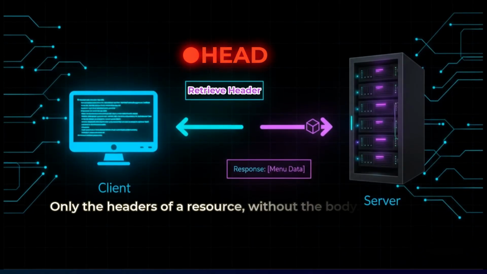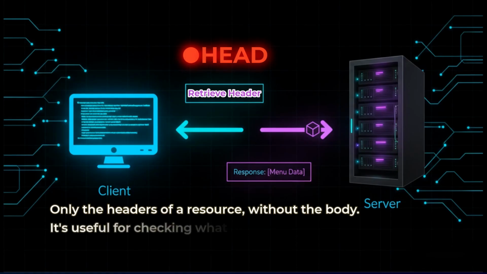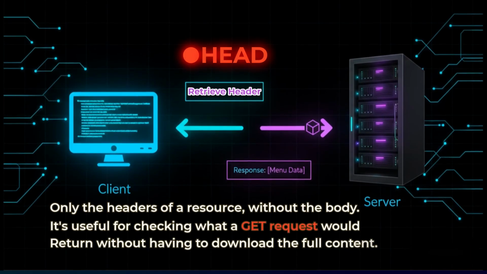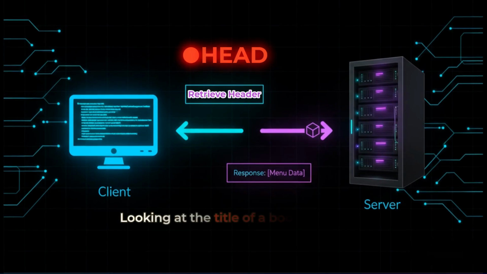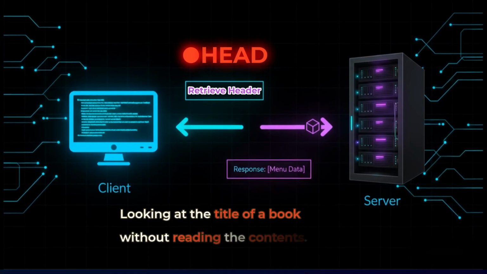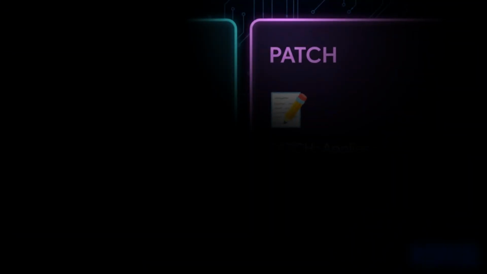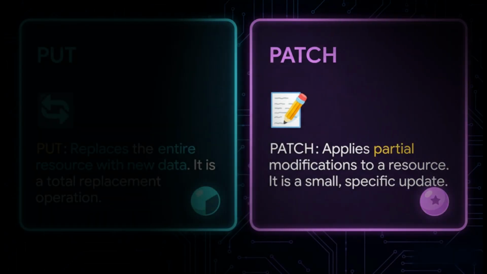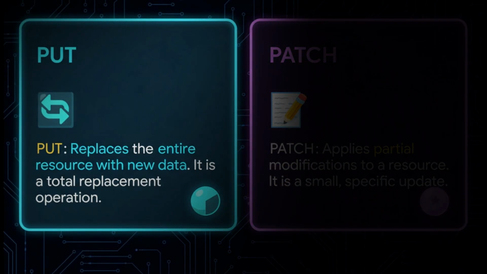Head. It retrieves only the headers of a resource without the body. It is useful for checking what a GET request will return without having to download the full content. For example, looking at the title of a book without reading the contents. Patch. This applies partial modifications to a resource, unlike put, which replaces the entire resource.